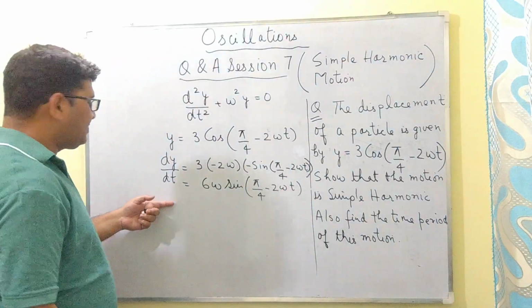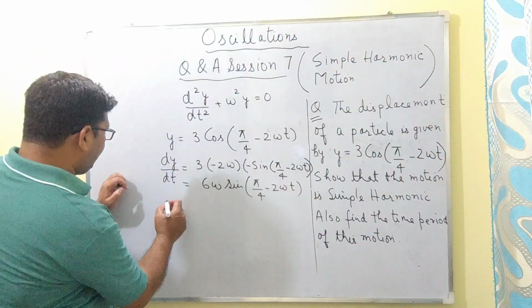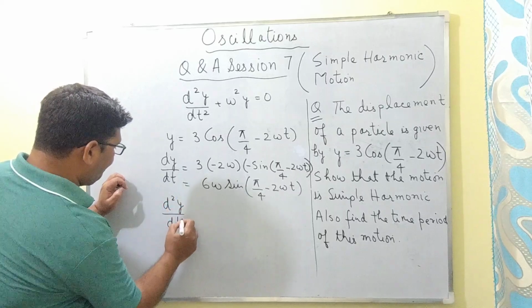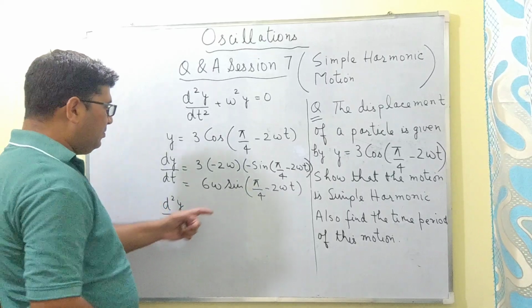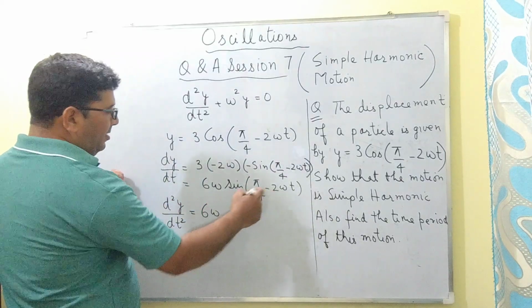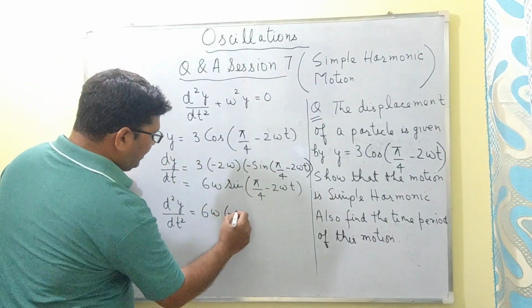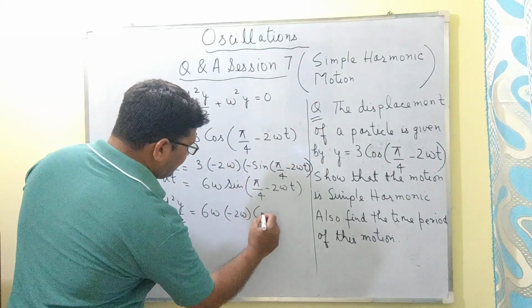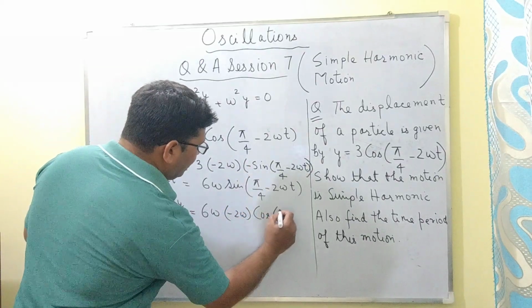Now I will again differentiate this equation with respect to t, so I will be getting d square y upon dt square. This will be equal to 6 omega multiplied by minus 2 omega, and the differentiation of sine gives you cos.